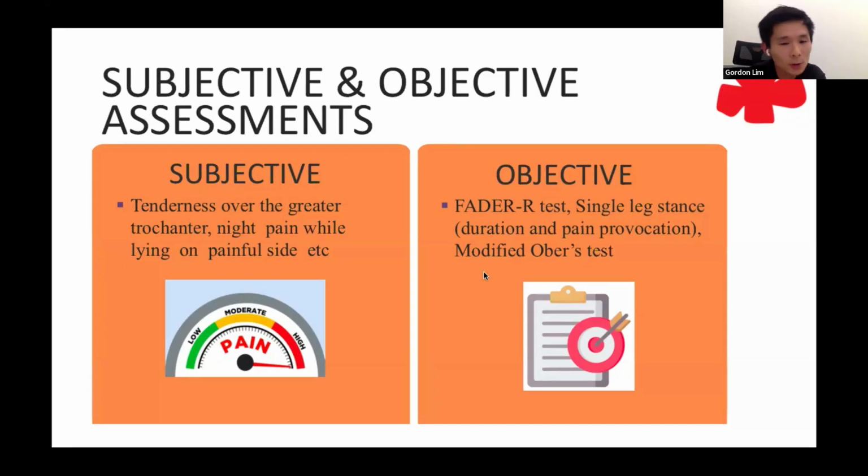Next, we can also conduct a single leg balance test, testing for either or both duration and pain. We will do this by getting the patient to be in a single leg stance position for about 30 seconds, and we will be looking out for pain and potentially a hip drop as well that can indicate weakness. Next, we can also perform a modified Ober's test to challenge the gluteal tendon by compression.